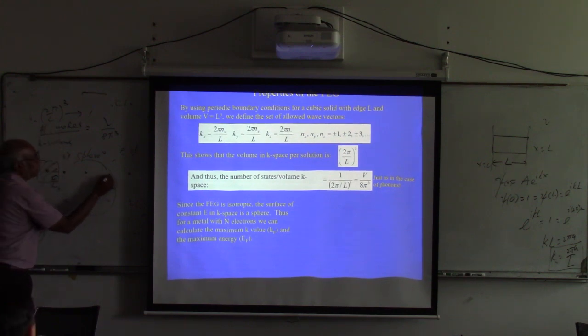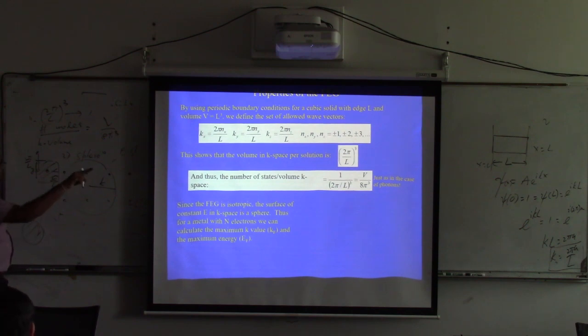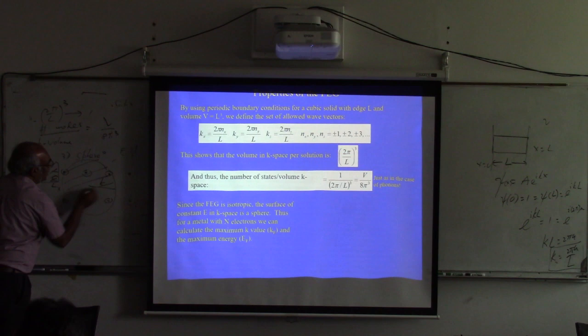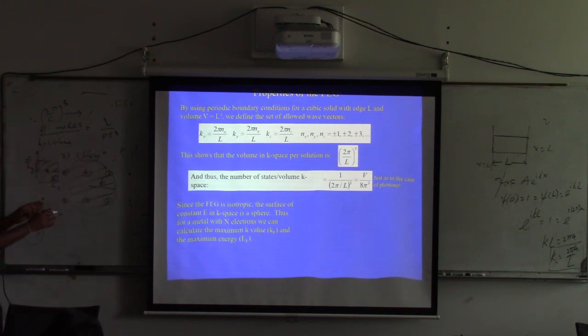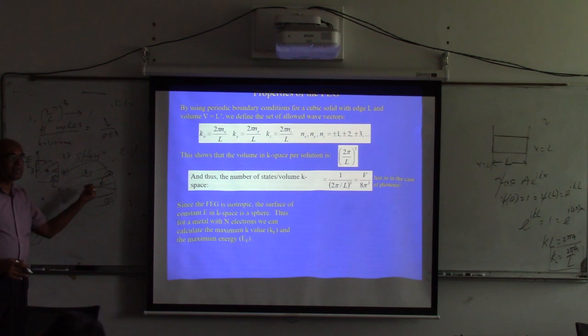Each mode corresponds to some electron, right? Modes are the solutions for that equation, and each one is occupied by 1 electron. So if you take this sphere, the total number of modes corresponds to the total number of electrons that can occupy this k space.